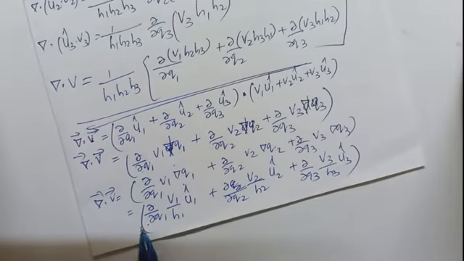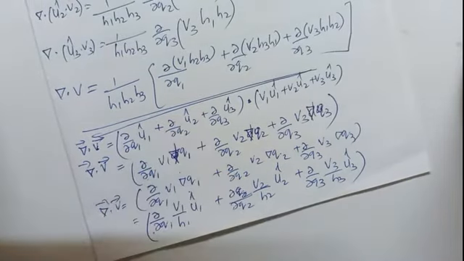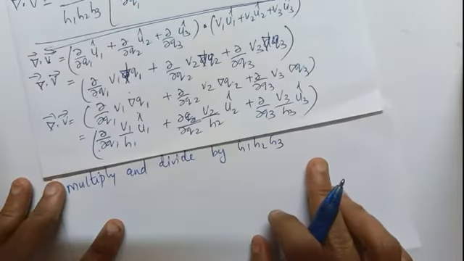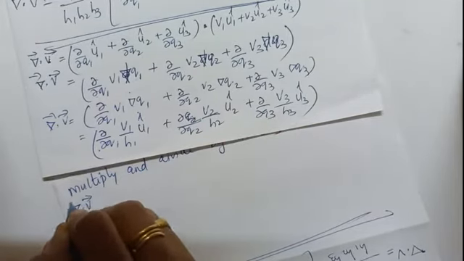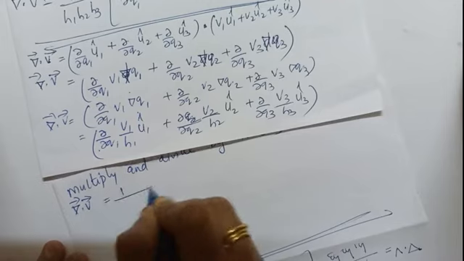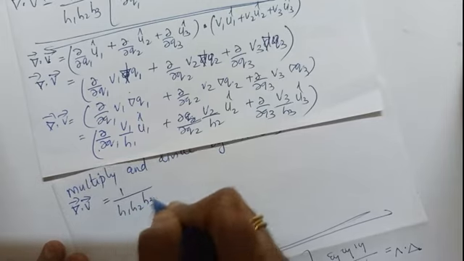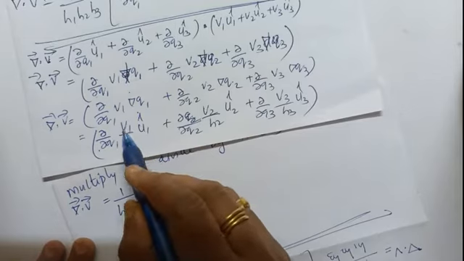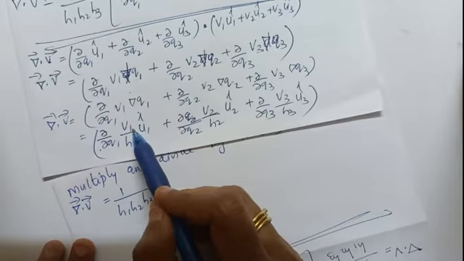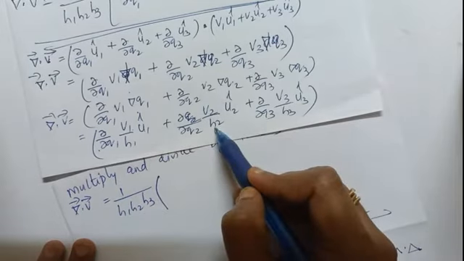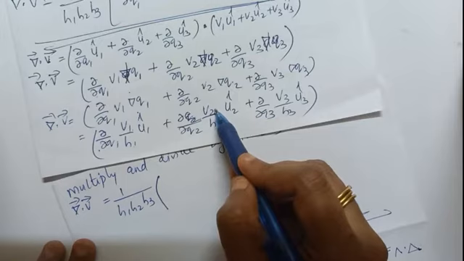Now we multiply and divide throughout by h1 h2 h3. So del dot V is equal to 1 by h1 h2 h3. When we multiply, in the first term h1 cancels and the numerator gives h2 h3. In the second term h2 cancels and the numerator gives h1 h3.